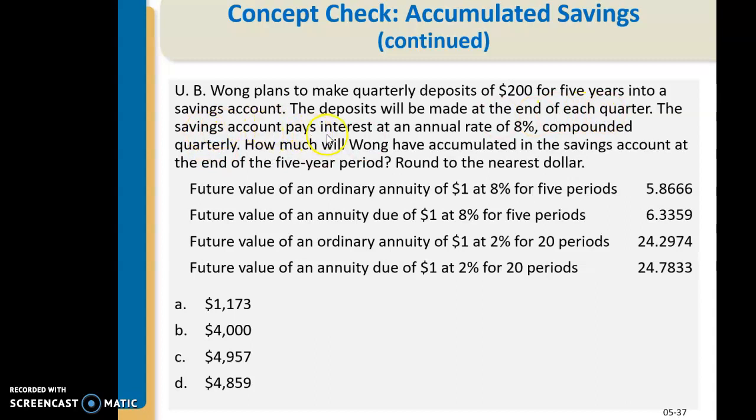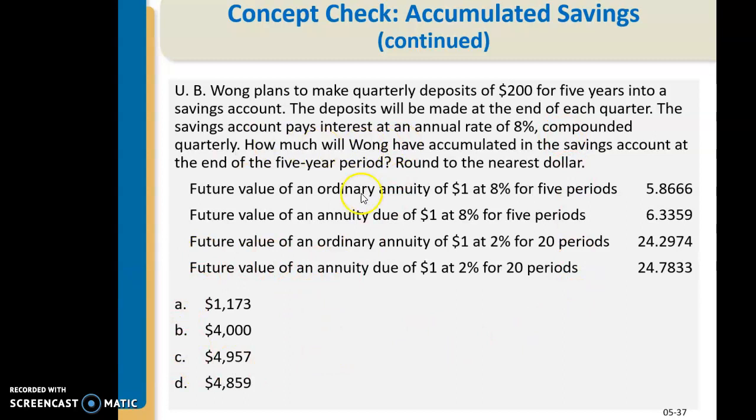The savings account pays interest at an annual rate of 8%, compounded quarterly. How much will Wong have accumulated in the savings account at the end of the 5-year period, round to the nearest dollar? Why don't you do the calculations, choose your answer, and then come back and see if you were correct?